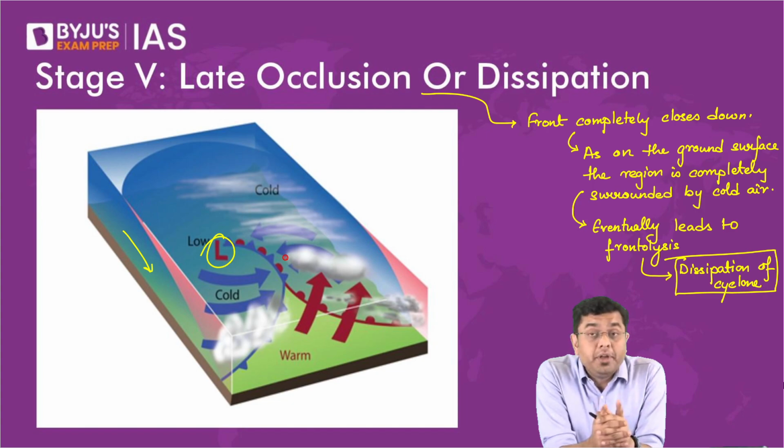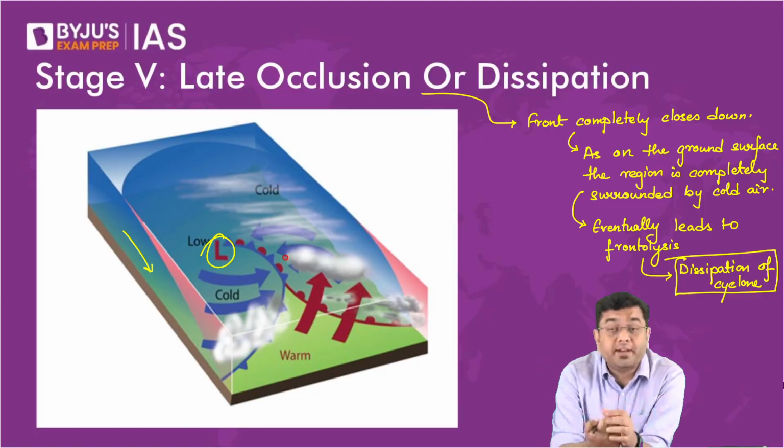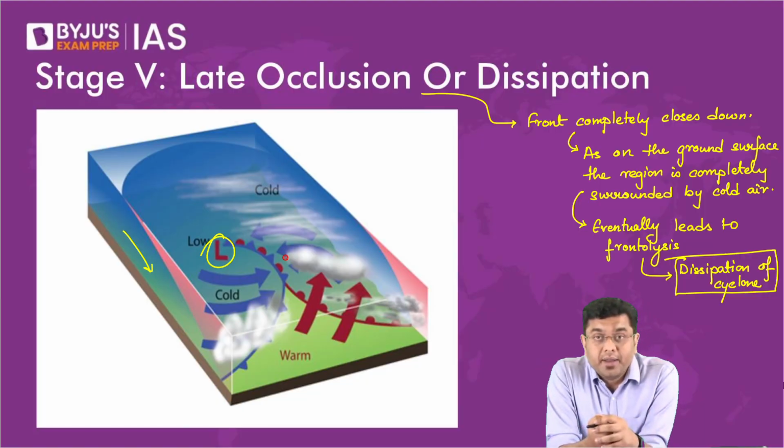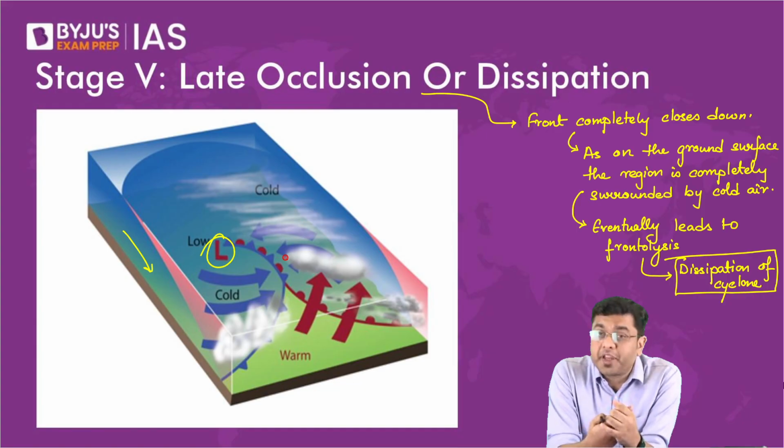So whenever the low pressure intensifies or reduces by more than 24 millibar within one day, that is when the wind movement suddenly accelerates. The entire phenomena suddenly gets very violent. And that is what we refer to as a bomb cyclone. And the sudden intensification of that is what is referred to as bombogenesis.